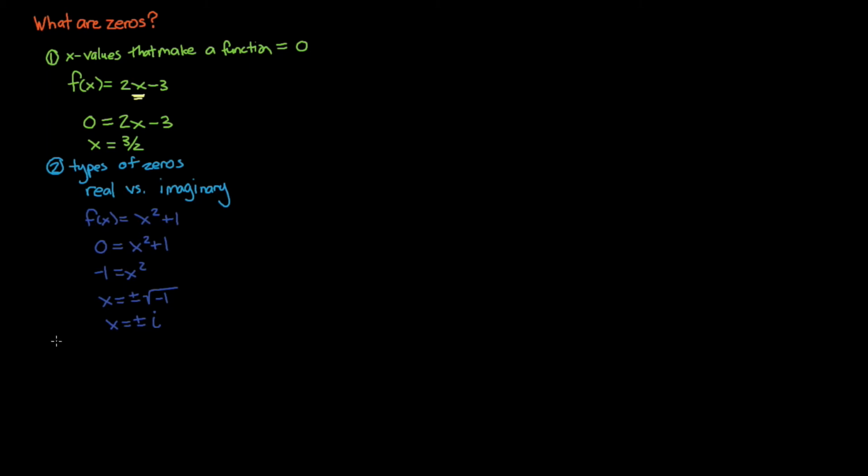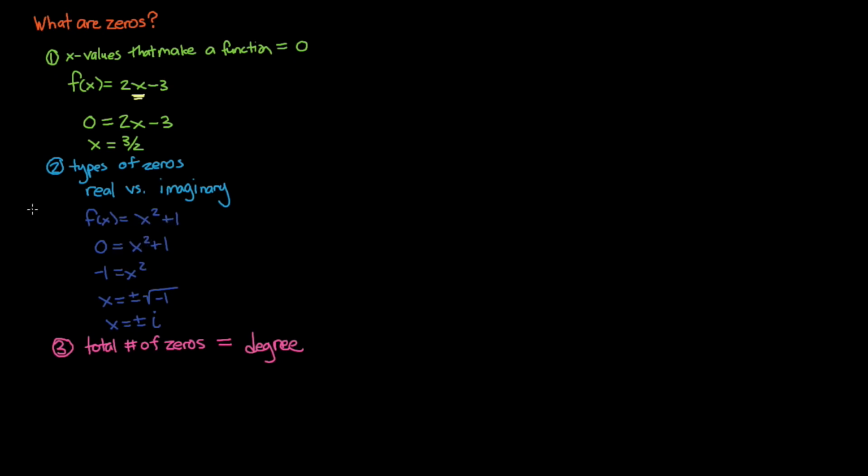The next thing to note is that the total number of zeros will always equal the degree of the function. So recall that the degree of the function is the highest power of x in a function.